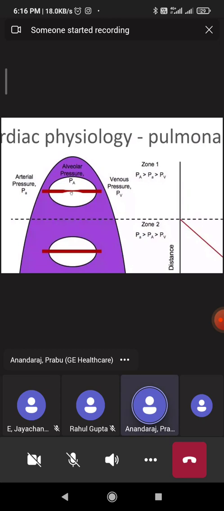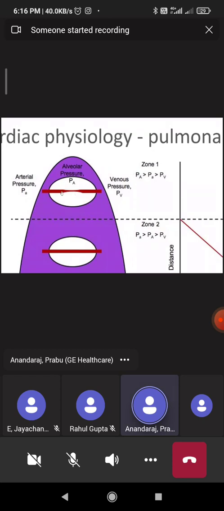You can see that effect shown here. The alveolar pressure is much higher compared to the arterial pressure, and when the blood crosses this area, the venous pressure drops even more. The classic thing here is that we have a high alveolar pressure but a poor venous pressure.